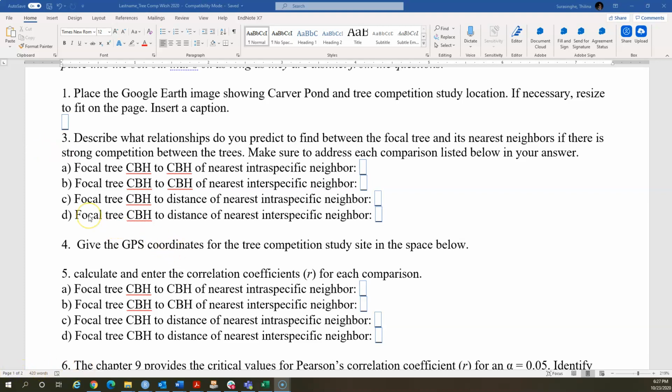In order to answer that, you should know what competition is. Competition is two individuals competing for a common critical biological resource.